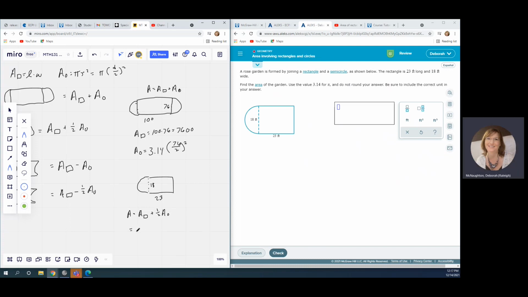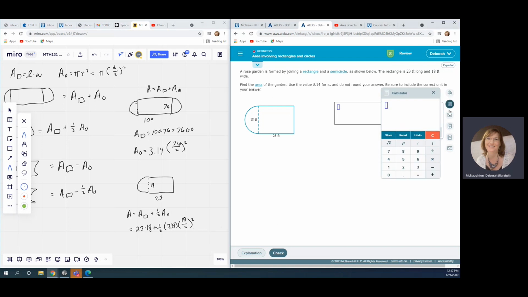So the area of my rectangle is 23 times 18. And then I'm going to add 1/2 the area of my circle, which is 3.14 times my diameter, which is 18 over 2 squared. So it's 1/2 my area of my circle.